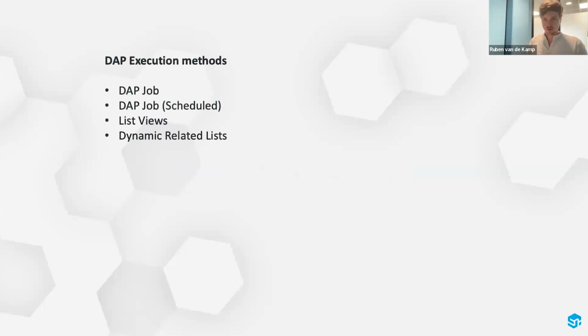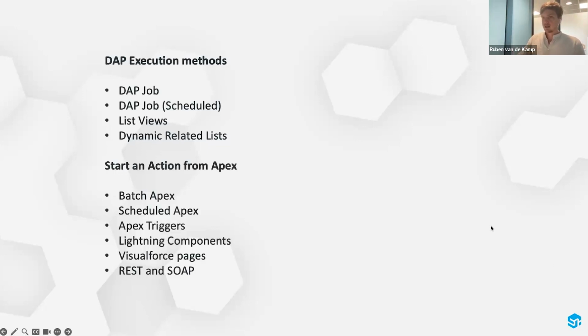So you can start a prompt on your entire existing database, enriching records, detecting spam, deciding urgency, assigning records to sales or support based on the interpretation of record information. We can do that on a scheduled basis as well. We can do it via list views, which we saw in the beginning for use case 1, but we can also start it at dynamic related lists.